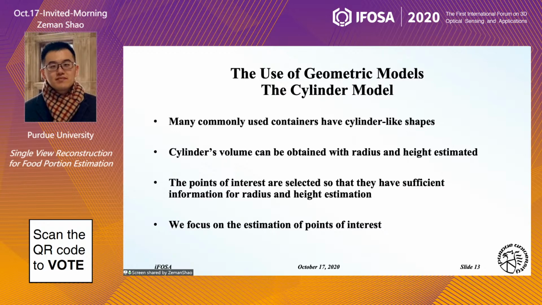As a result, instead of complete 3D reconstruction, we would like to focus on estimating the essential parameters to represent radius and height. Points of interest are selected accordingly to carry the sufficient information required. Thus, we will focus on the estimation of points of interest.